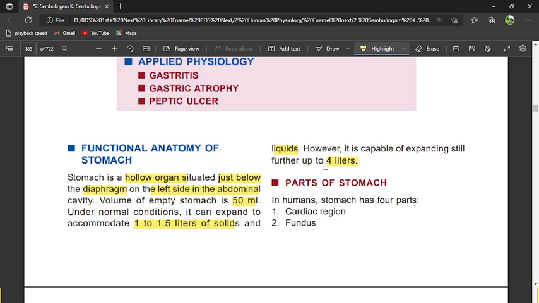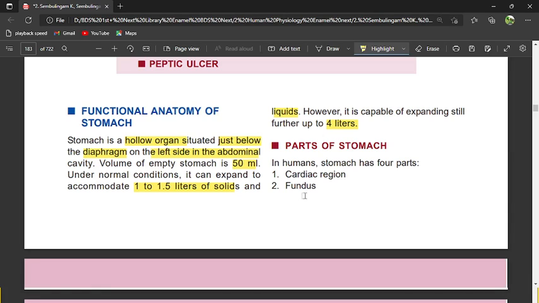So if you take something more than 4 liters, मतलब फूड बोलस जो लिक्विड से सलाइवा से मिक्स हो के बोलस की तरह फॉर्म करेगा, वो 4 लीटर्स तक थिक लेयर जाके स्टमक में जब तक सेटल नहीं होता तब तक भी स्टमक आपका काम करेगा, राइट? But when it comes to 1.5 only you will get a fullness of the stomach, मतलब पेट भर गया ऐसा फील होता है.